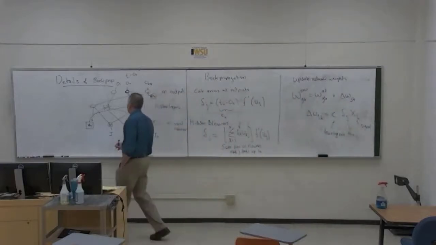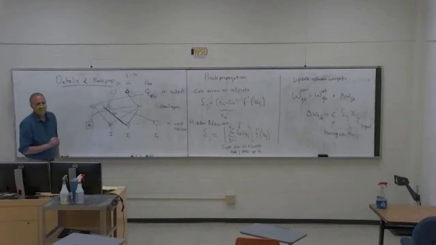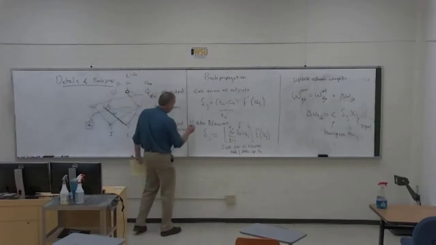If we're updating this weight here along this path, there's a strong signal along that path, then that weight should fall. So that's backpropagation, and the secret is this formula here for the hidden neuron.